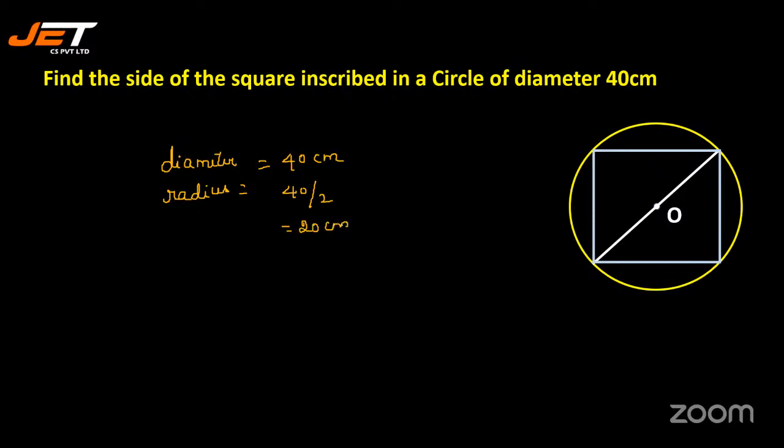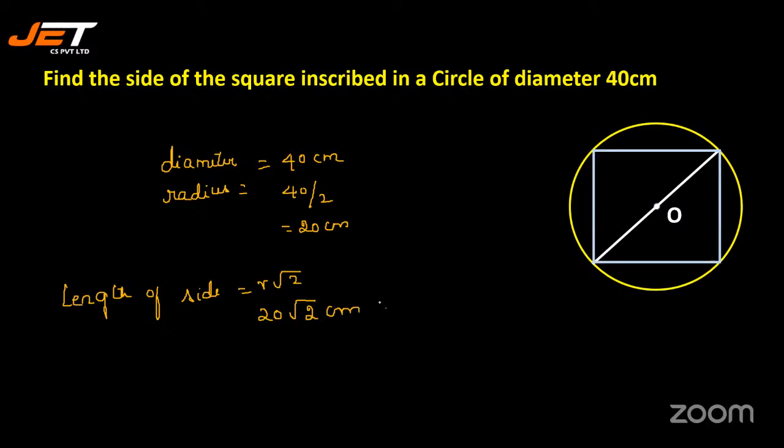Now they are asking us to find out the side of the square. So length of the side is r root 2. R is 20, so 20 root 2 centimeter. Okay. So hope you all are getting the same answer.